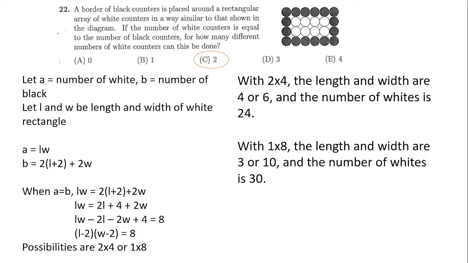So the possibilities are 2 times 4 or 1 times 8. With 2 times 4, the length and width are 4 and 6, so the number of white counters is 24. With 1 times 8, the length and width are 3 and 10, so the number of white counters is 30. And these are the 2 ways that it can be done.